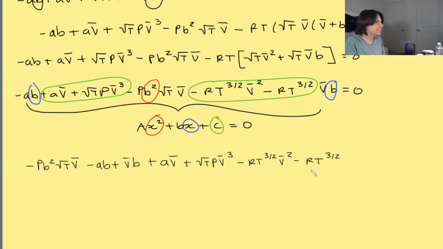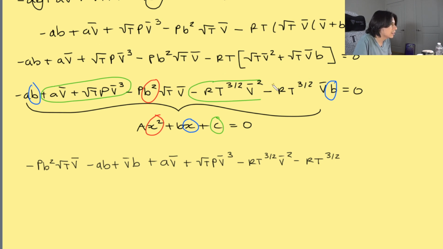Oh, I just noticed I made a little mistake when I circled the terms here. My apologies. This should not be part of that constant part, because this is actually multiplied times the v bar. So this green ends right here. Let me correct that once more.